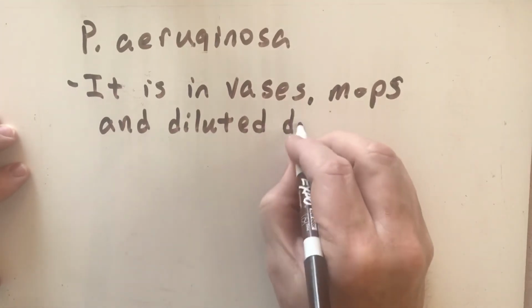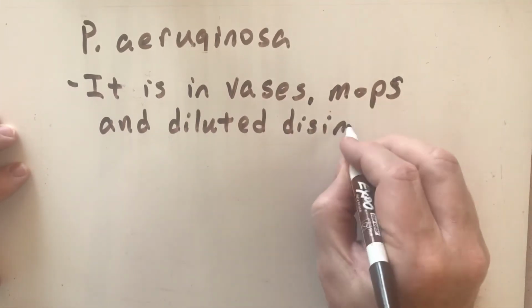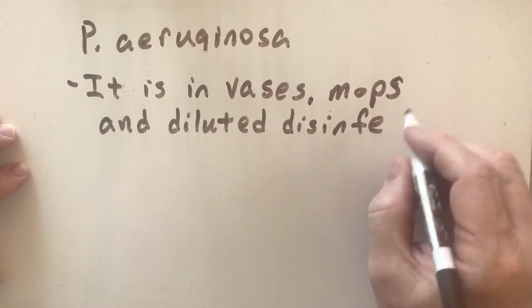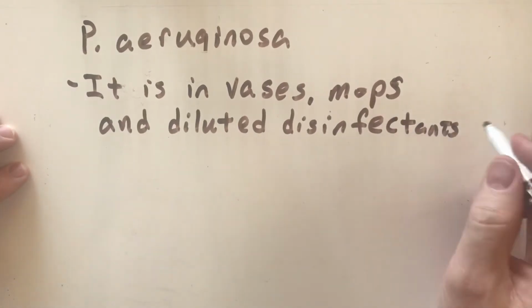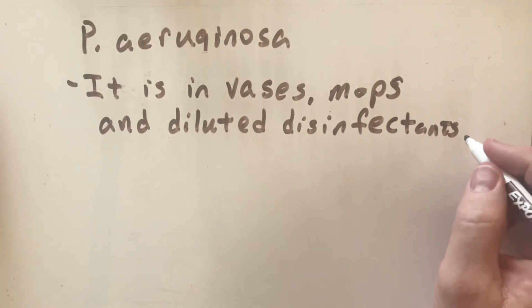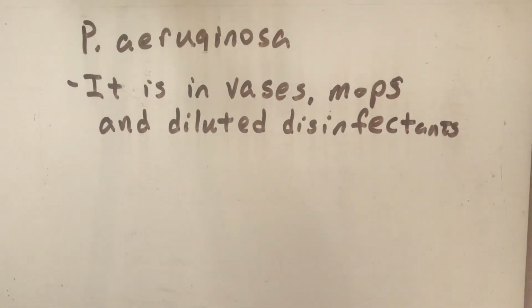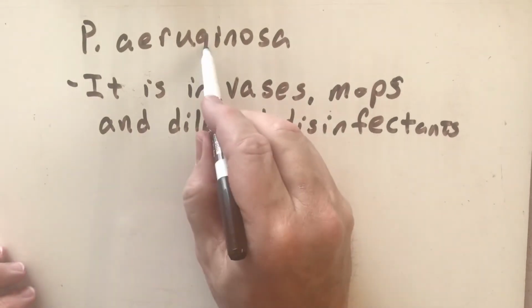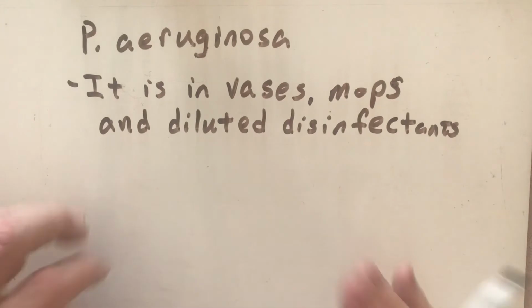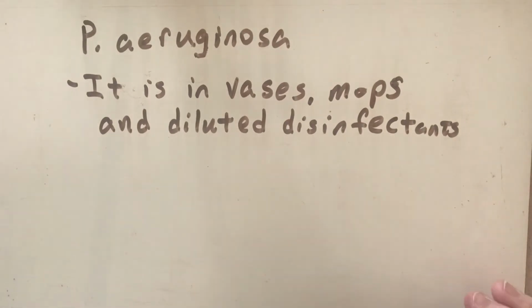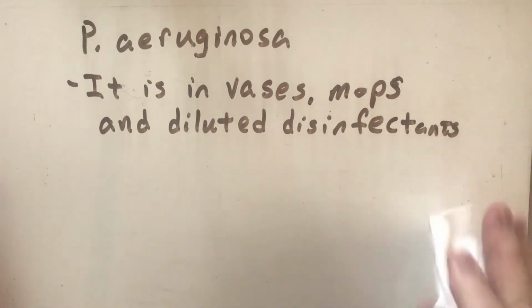When they clean hospitals, they may make a mixture of water and chlorine to kill off stuff. And then as that gets diluted, this starts to occur. Just like we saw in Pseudomonas dermatitis, when the chlorine got diluted, it would start to grow in numbers.